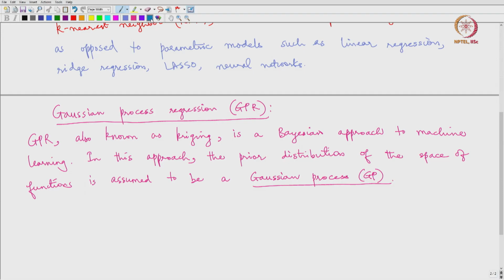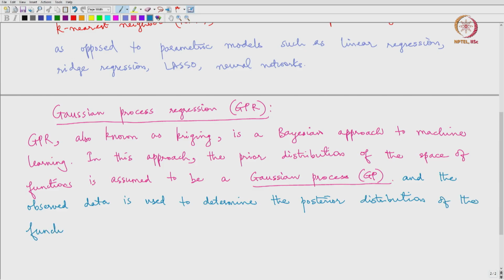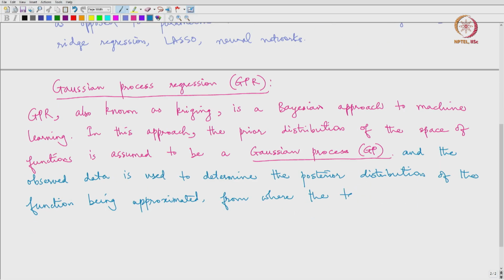And after you have assumed it to be a Gaussian process, you then use the observed data to determine the posterior distribution of the function being approximated, from where the target variable is predicted.